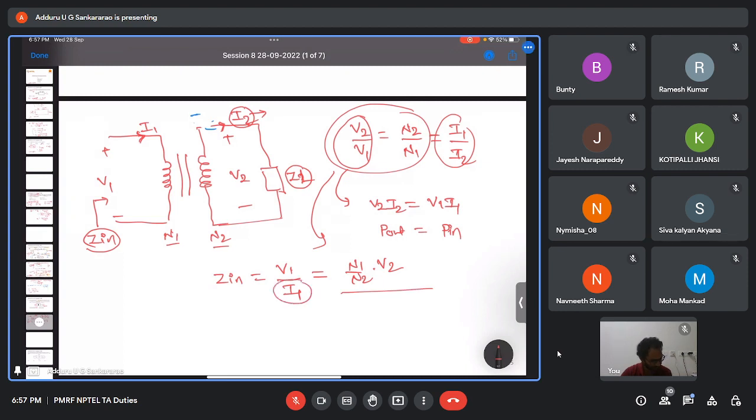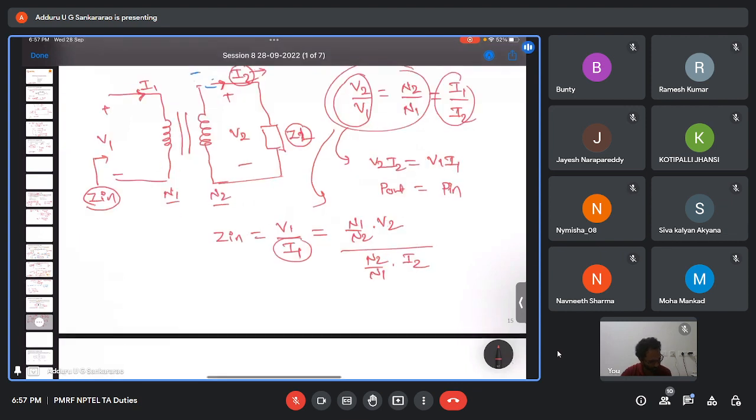I can express I1 as N2 by N1 into I2. So this I can write like V2 by I2 into N1 by N2 square.